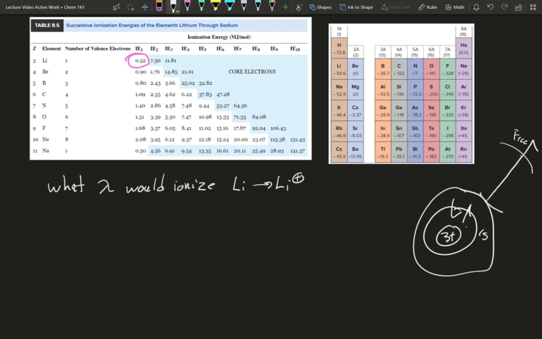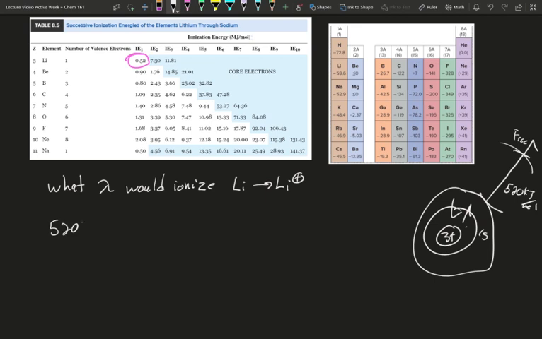We actually know this energy. We know that to do this would be 520 kilojoules per mole. But our photon hits 1 electron. It gets absorbed. So what I really need is the energy per electron. We have to break this down.